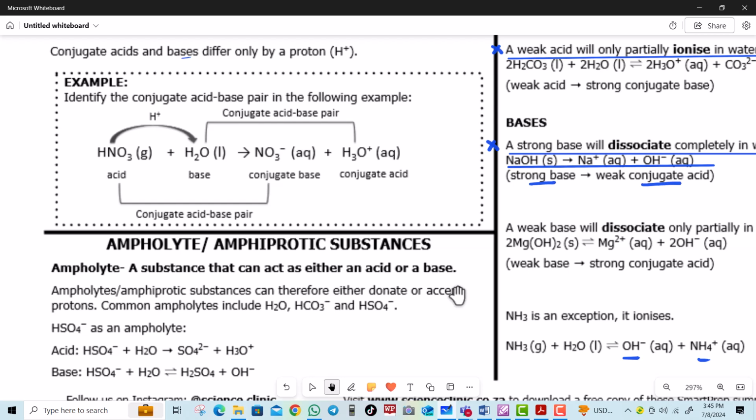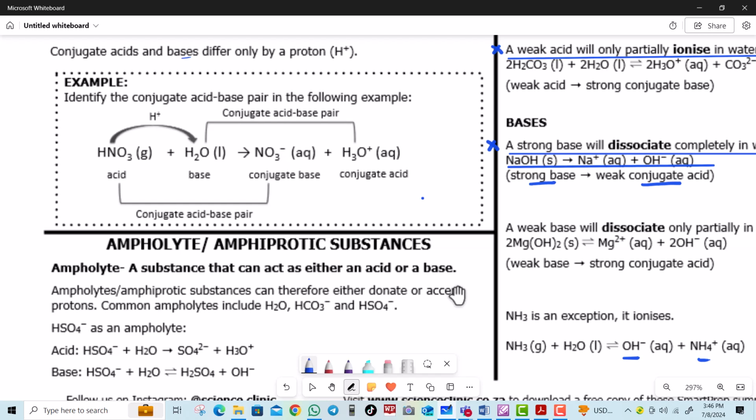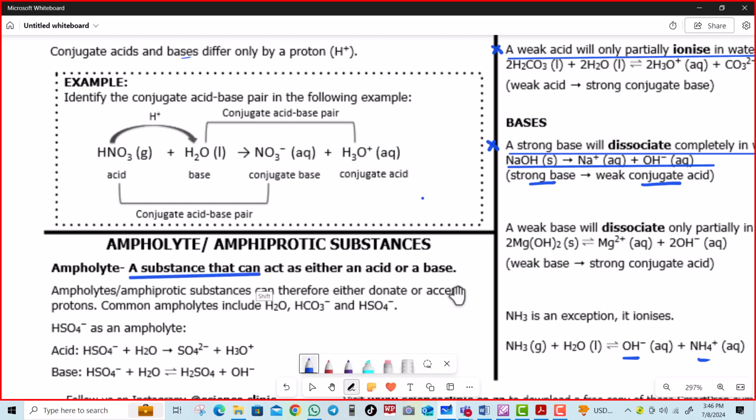I repeat, what's an ampholyte? It is a substance that can act either as an acid or a base. So if we say define an ampholyte, this is what you must say. That's an ampholyte.